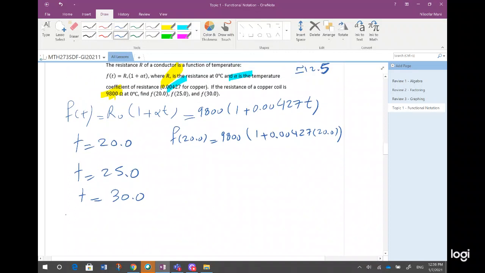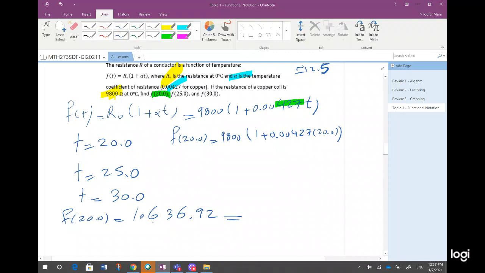So for this one, the result is this, and I round to 3 significant digits because of this. I change the color to green because of that and the 3 significant digits.